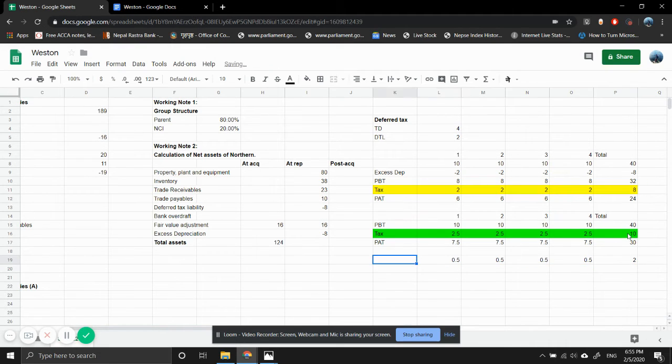So that's our differential figure. That's the deferred tax liability that's been created, right? Since we are not paying more tax over here, that will create a deferred tax liability of 2. So that's why we need to increase this deferred tax by 2 as well, okay? I hope you've understood it. And this is year, okay? I'm just trying to make it simpler for you.